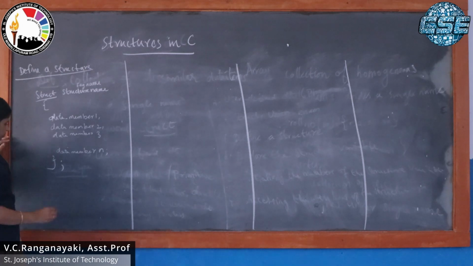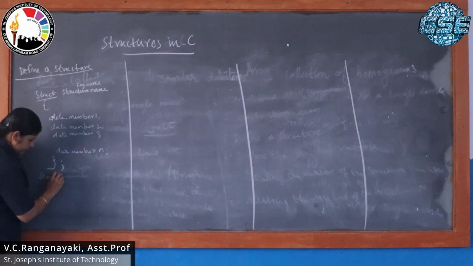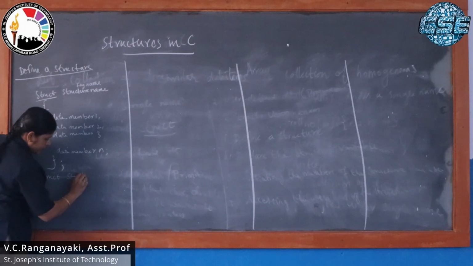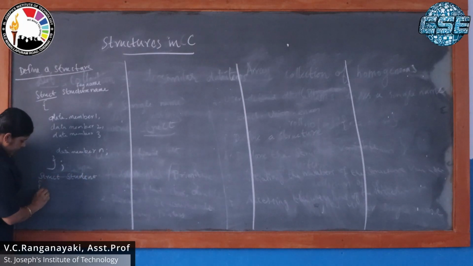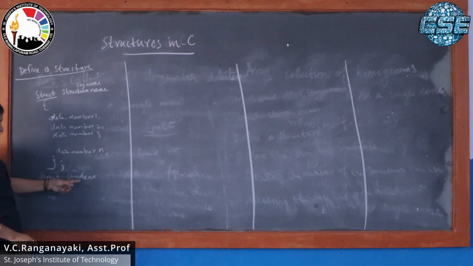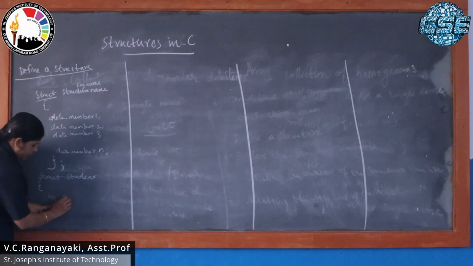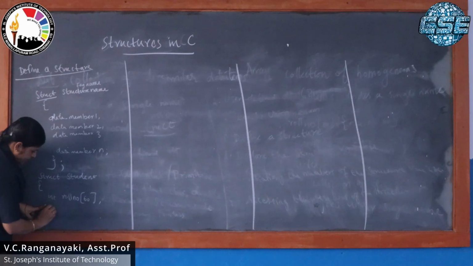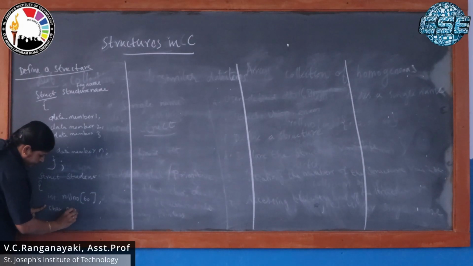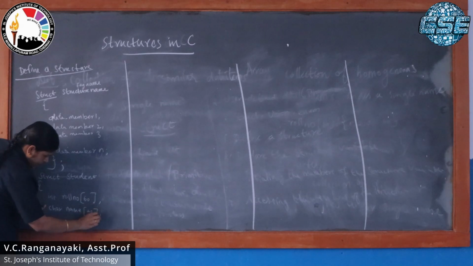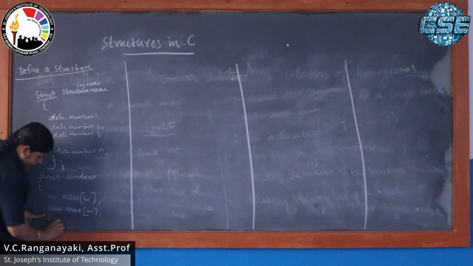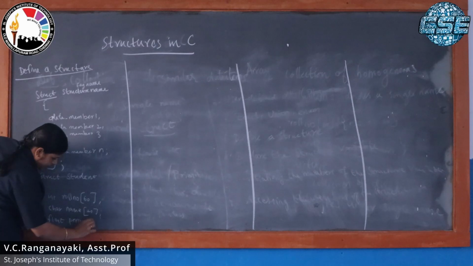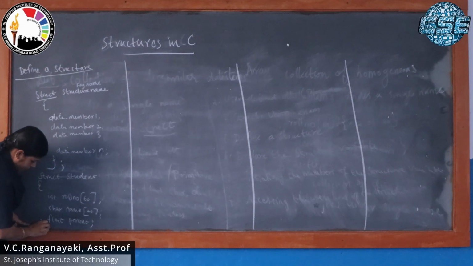For example, I'll take struct, and I'll take the structure name as student. Open. For a student, I'll take int roll number of 60, next char name of 20, next float marks or float percent, close, semicolon.